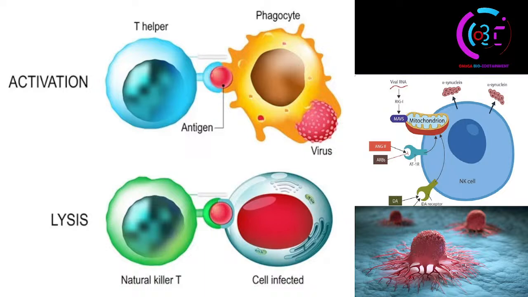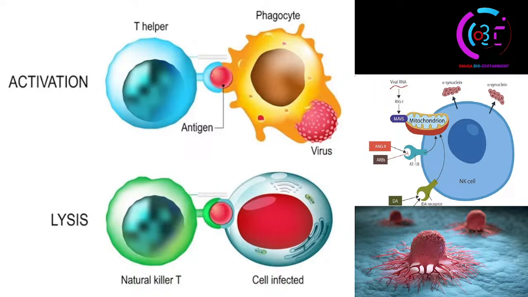They will recognize that the body is under stress. Not only recognition, they are also important because they are armed with different types of killing mechanism. So they recognize and kill. That's why they call them NKC, natural killer cells.